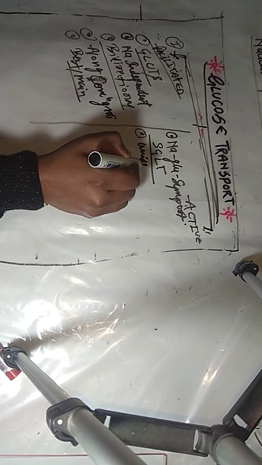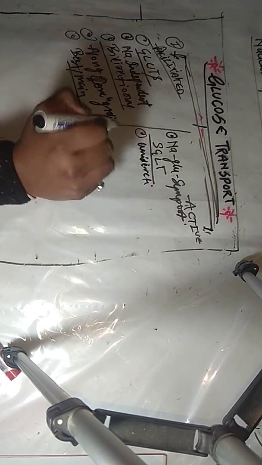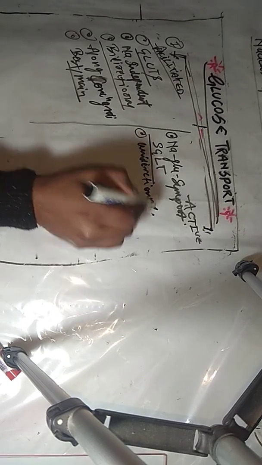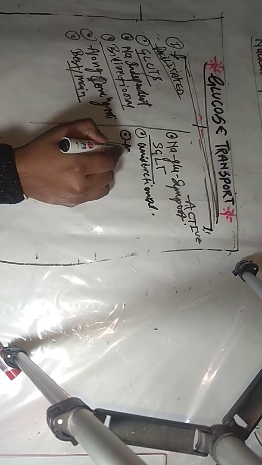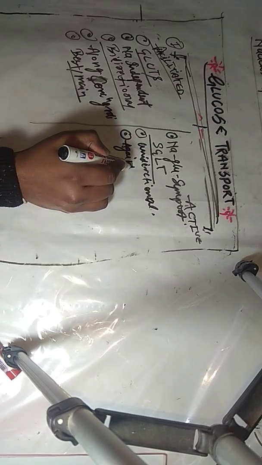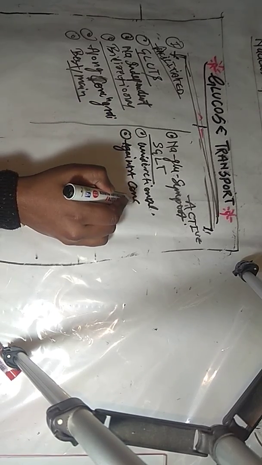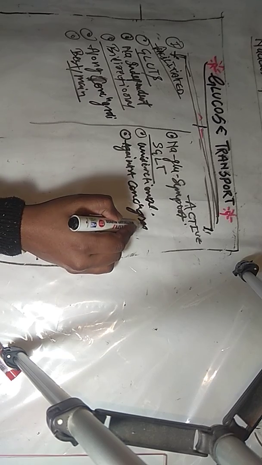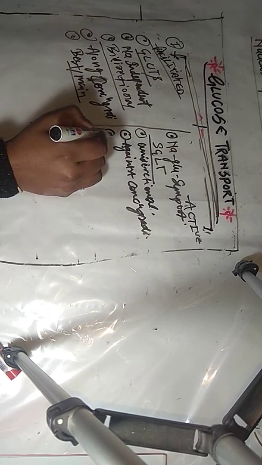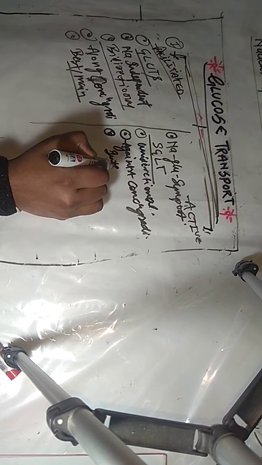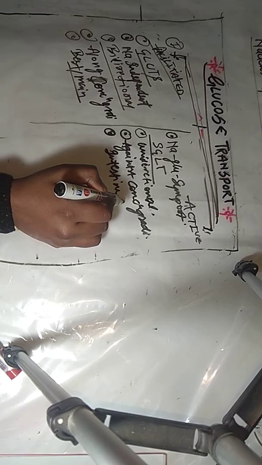It is unidirectional in nature and works against the concentration gradient. It is mainly present in the intestine and kidney.